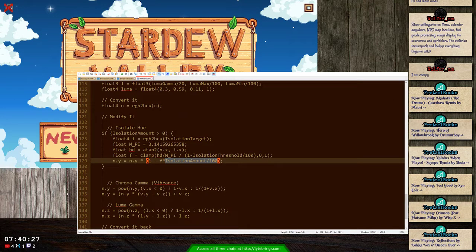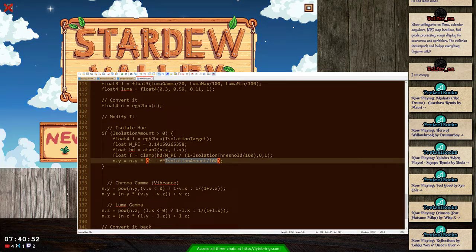Okay, so this is not quite doing what we wanted, because at isolation threshold 0, it should get rid of colors.